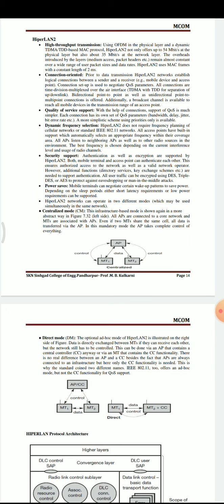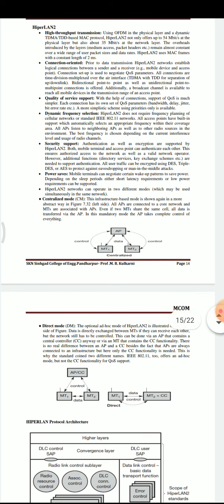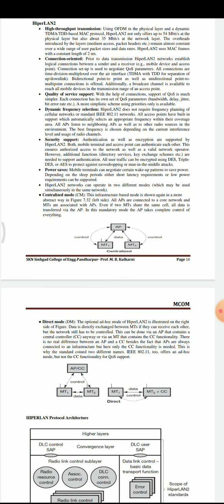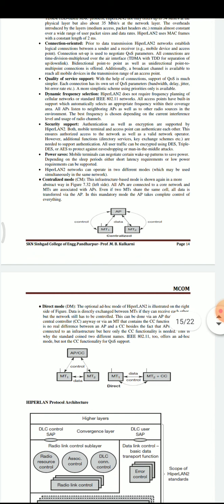However, additional functions such as directory services and key exchange schemes are needed in support of the authentication process. All user traffic can be encrypted using DES or triple DES or AES algorithms to protect against security threats during the transmission.